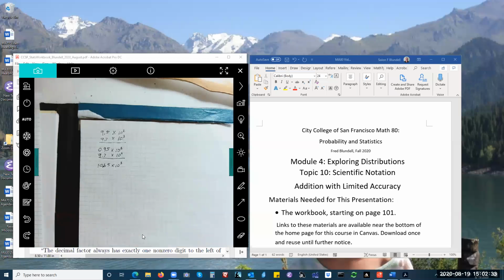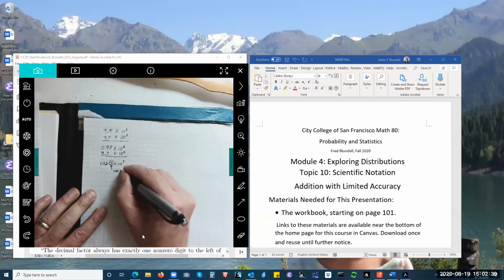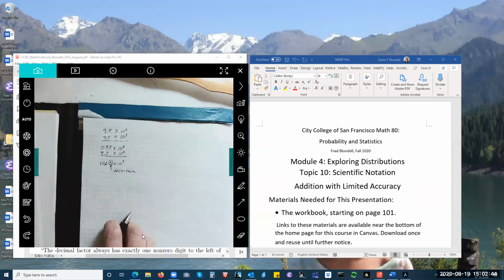But the 5 at the end is uncertain because I did not know what's in the hundredths place in the 9.7 times 10 cubed. So for my final answer, I report just approximately 10.7 times 10 cubed.